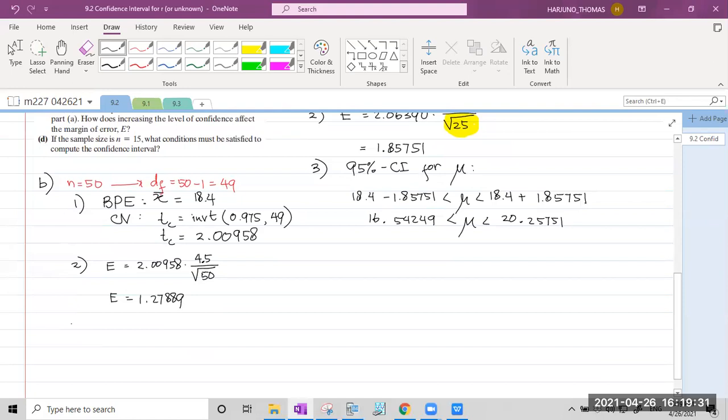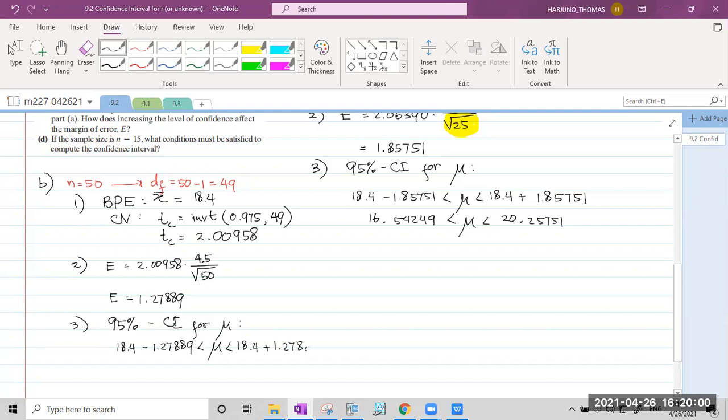Then step 3, 95% confidence interval for mu will be best point estimate 18.4 minus margin of error, and then the upper bound will be best point estimate plus margin of error.